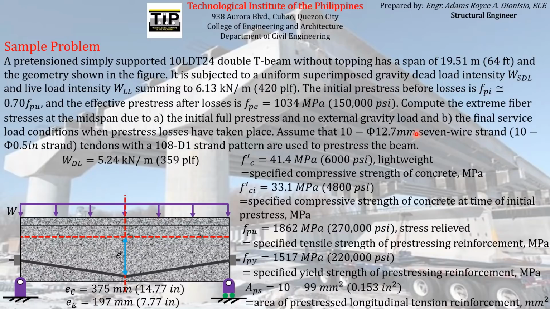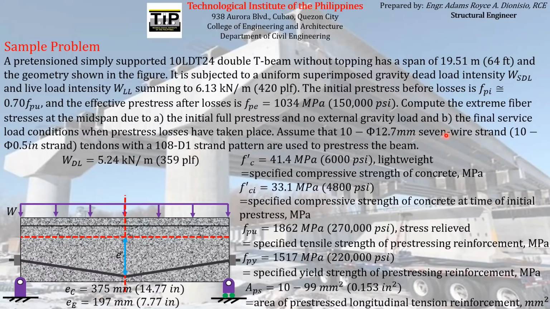If you can remember what the cross section of a 7 wire strand looks like from our previous meeting, it is not a circular cross section. Actually, it is composed of 7 wires. The wires have their own cross-sectional areas, and they are just twisted together to form a 7 wire strand.